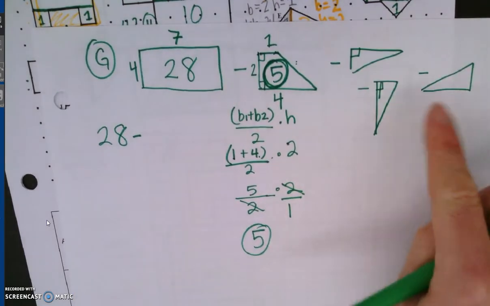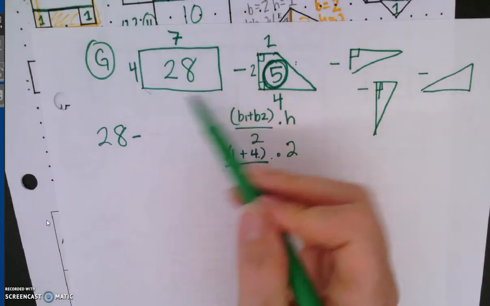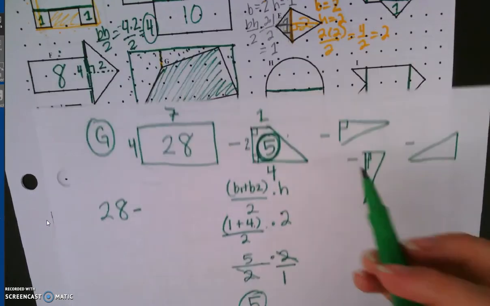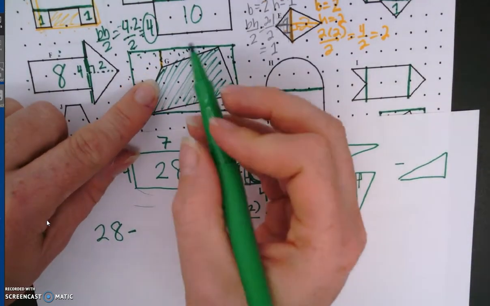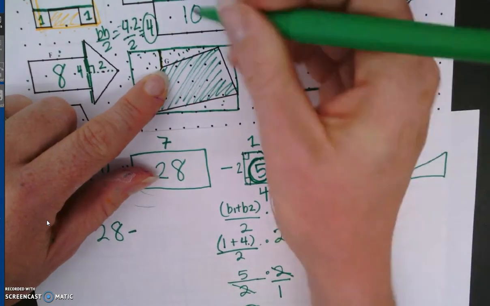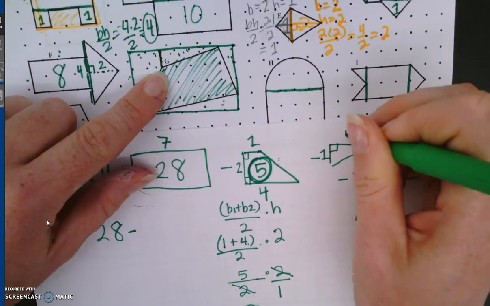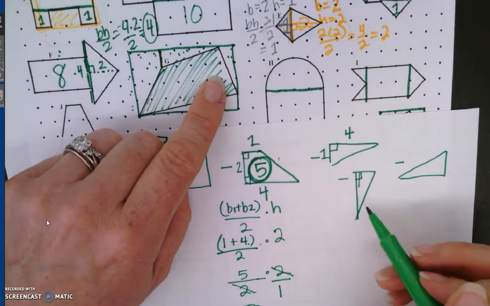Let's take a look at our other 3 triangles that we need to subtract from our rectangle to figure out the area of this funny trapezoid. So let's see, this has a base of 1 and a height of 1, 2, 3, 4. Let's look at our other triangle.